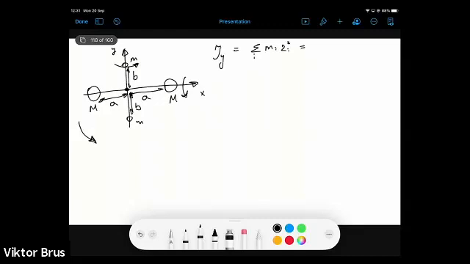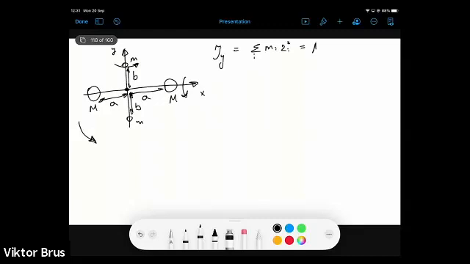Then we see that these two bodies, which are located on axis y, do not contribute to the moment of inertia Iy, because the distance from axis y to these bodies is equal to 0, because they are located on this axis. So only the bodies with mass capital M located on axis x will contribute.